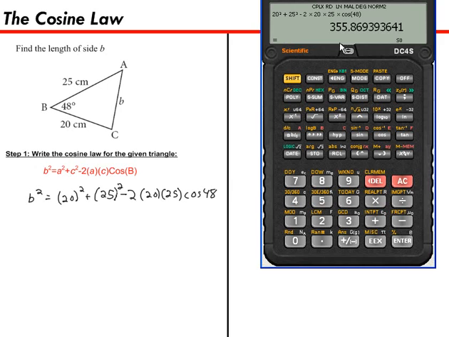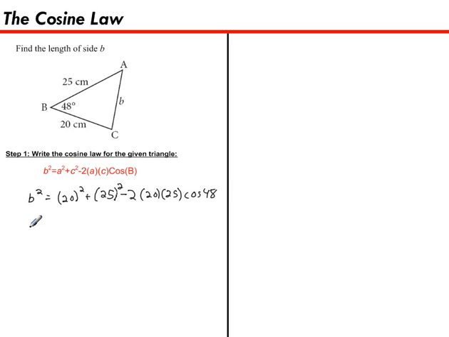And there we go, 355.869. I'm going to round that to 356. B squared is equal to 356.